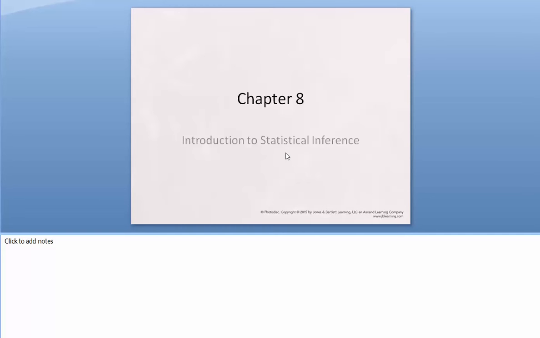Statistical inference is the other branch of statistics. So it's descriptive statistics and statistical inference. Those are the two branches of statistics that we are concentrating on in this course. Okay. All right. So let's get started now.